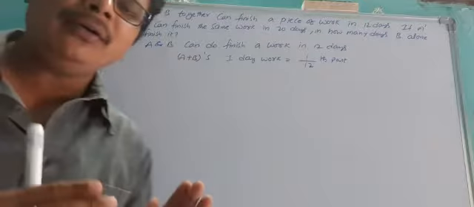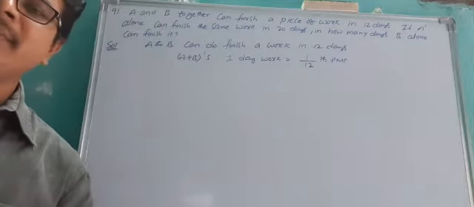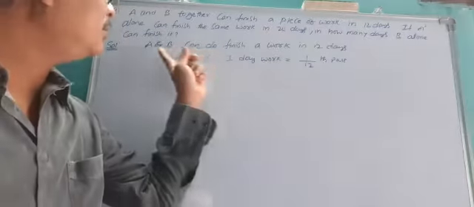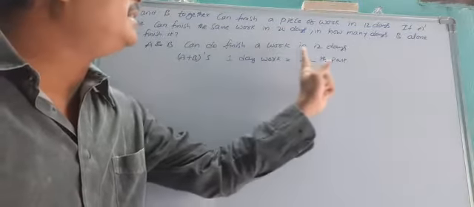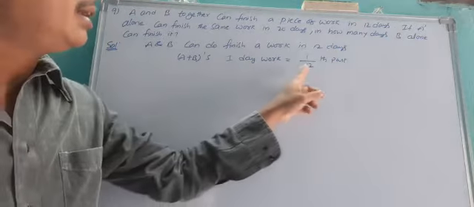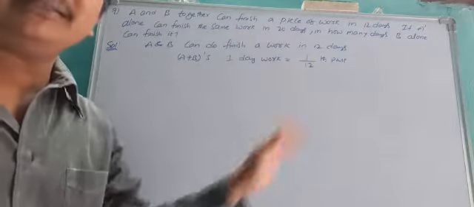So A plus B's 1 day work equals 1/12 part. If you have this type of sum in your examination, you should convert into 1 day's work. Both of them can finish the work in 12 days, but in 1 day, out of 12 parts, one part is completed.